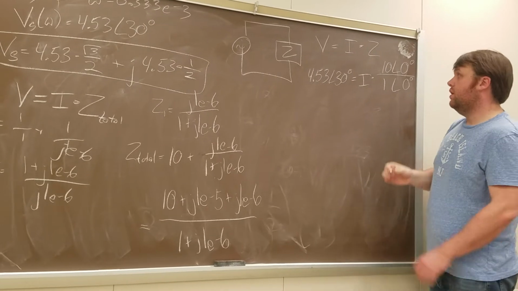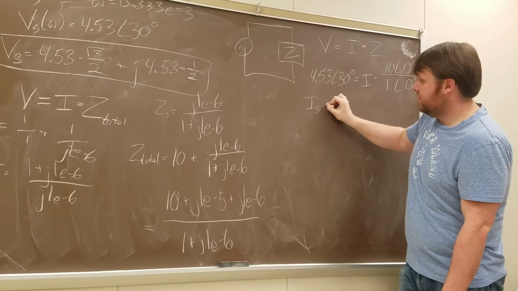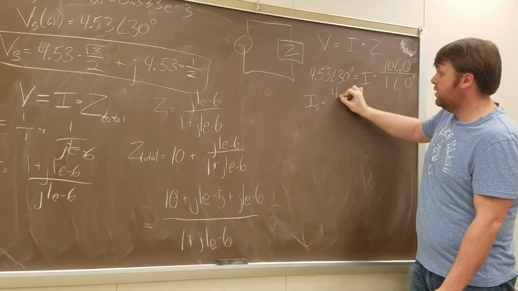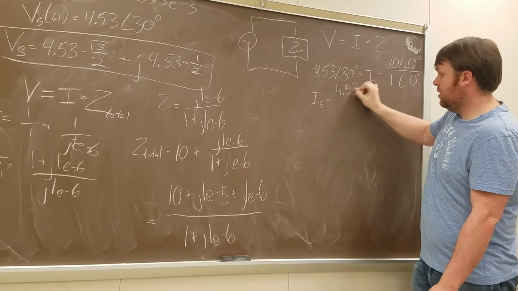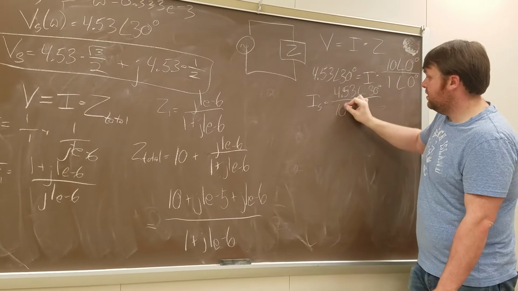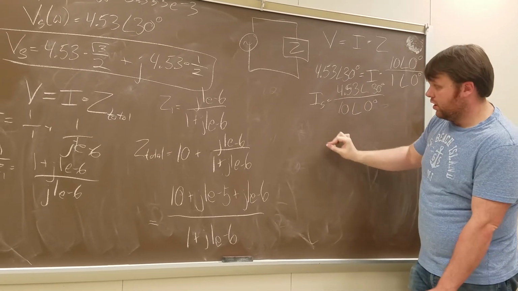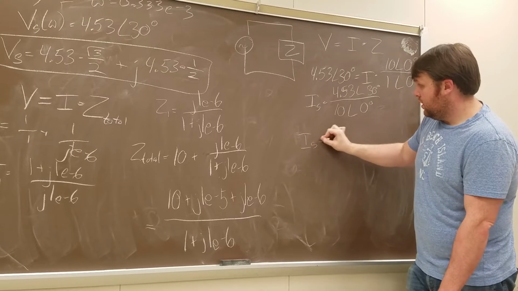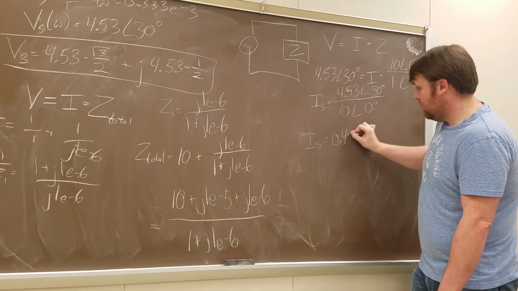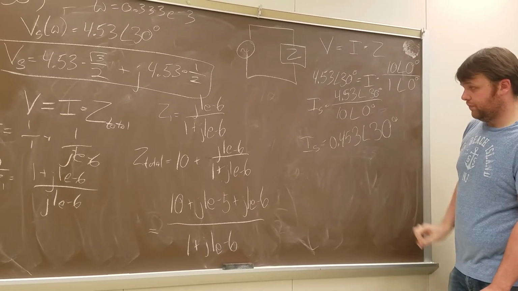Okay? So we cross multiply, and I will get our current source is equal to, well, 4.53 angle 30 degrees over 10 angle 0 degrees. Or our current source is 0.453 angle 30 degrees.